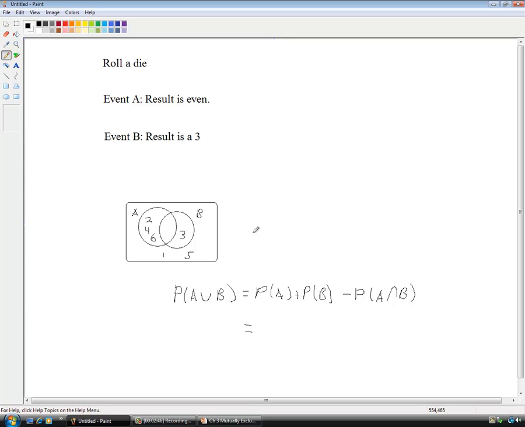So the probability of A is going to be 3 out of 6. B is 1 out of 6. There's one value there, there's 3 values here. And this is 0. So our final value is 4 out of 6, or you can reduce it to 2/3. And that's how you deal with mutually exclusive events.